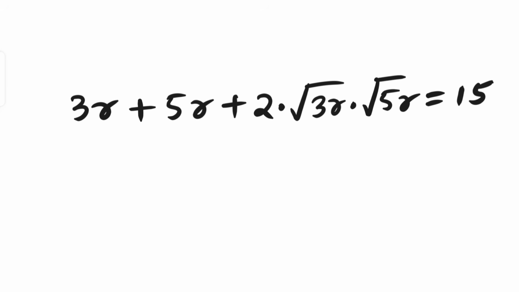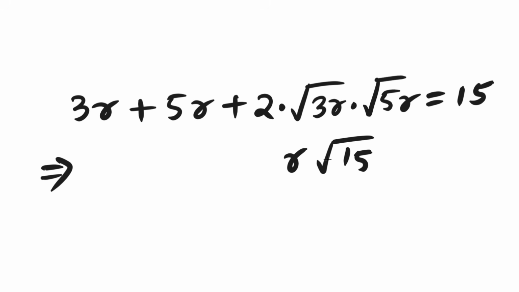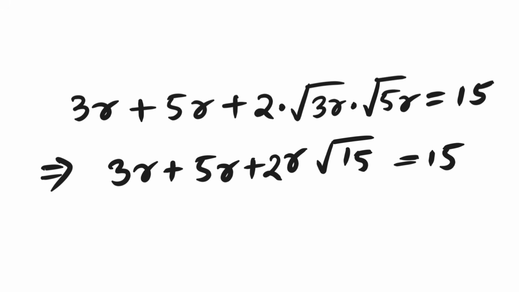Since r represents a radius, it is positive, so the square root of r squared is simply r. Therefore, the square root of 15r squared becomes r multiplied by the square root of 15. Our equation becomes 3r plus 5r plus 2r times the square root of 15 equals 15.